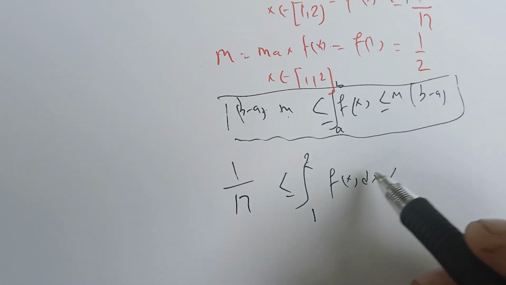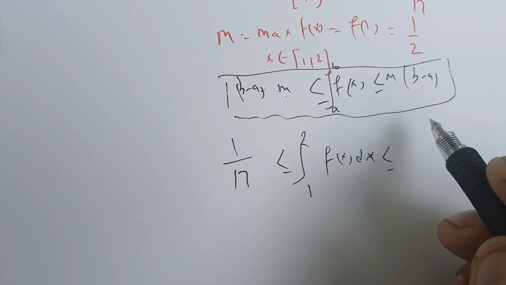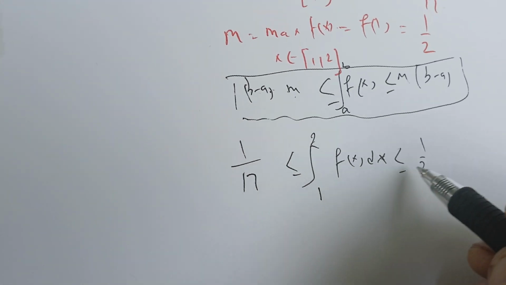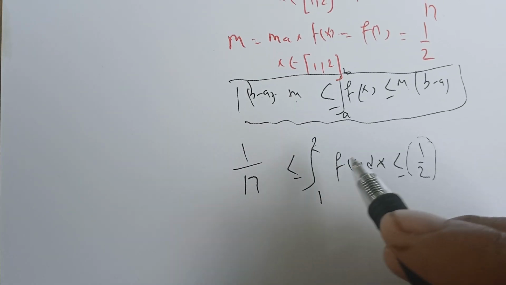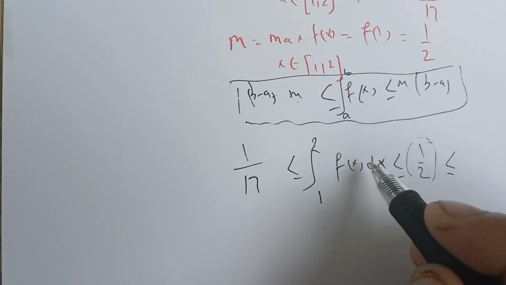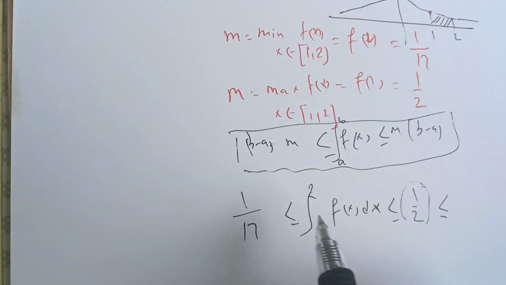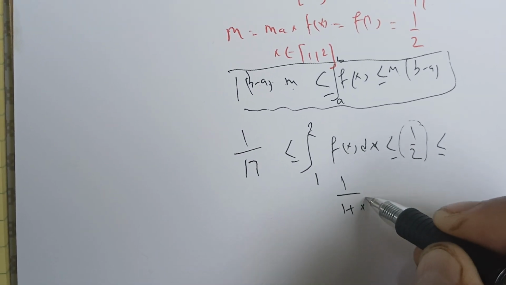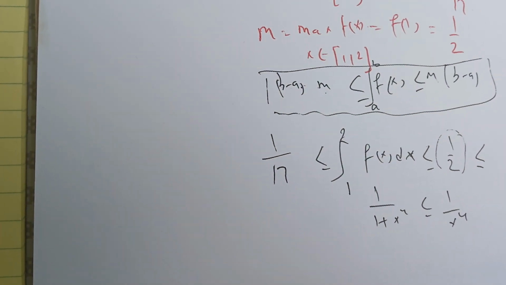For the second result, the maximum is 1/2. But we don't get the result we want here. It's true, but we can do something better. To get this result, we need to notice that 1 over 1 plus x to the power 4 is less than 1 over x to the power 4.